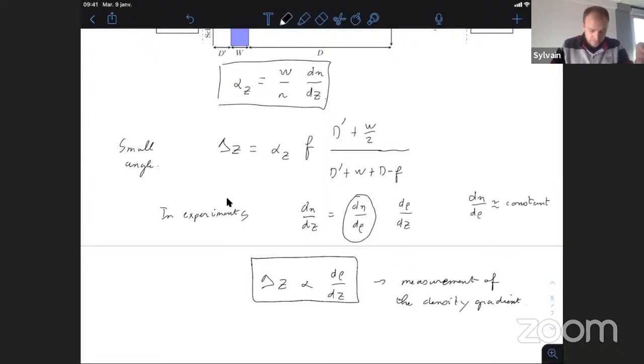The advantage of using random dots is that if you have only dots, you have a spatial resolution which is linked to the spatial distance between points. When you have random dots, it's like in PIV, you can reduce this limitation. You don't have a characteristic size due to the size of the dots in your background.